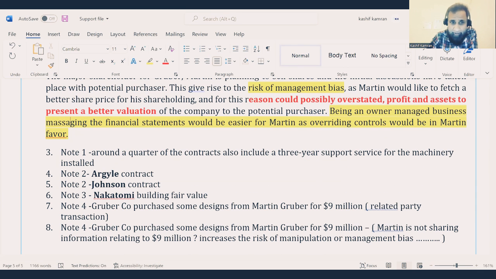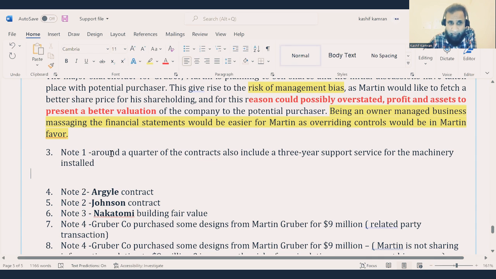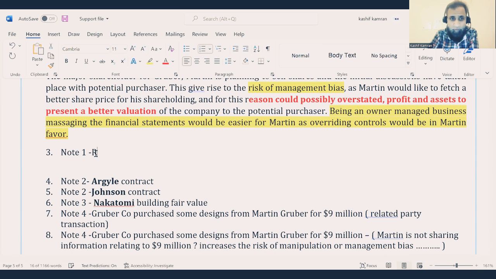Note number 1. Around a quarter of the contracts include a 3-year support service. So revenue coming from the support service. I hope you understand the risk here. The risk is that revenue from the support service should be deferred over a 3-year period.